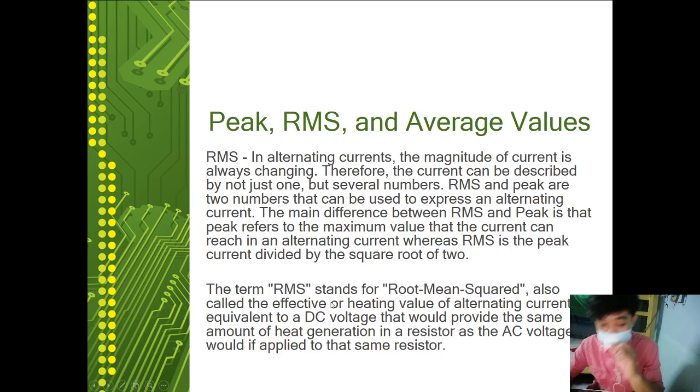The term RMS stands for root mean squared, also called the effective or heating value of alternating current. It is equivalent to a DC voltage that would provide the same amount of heat generation in a resistor as the AC voltage would apply to the same resistor.